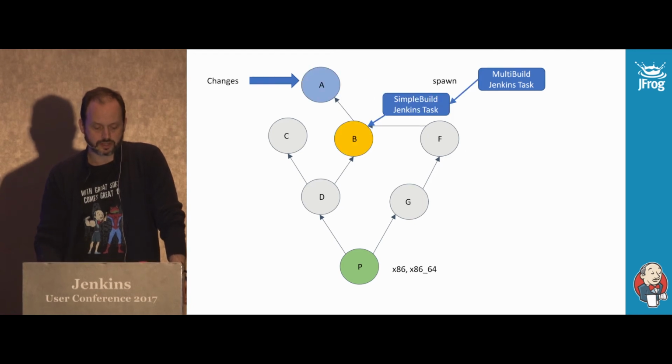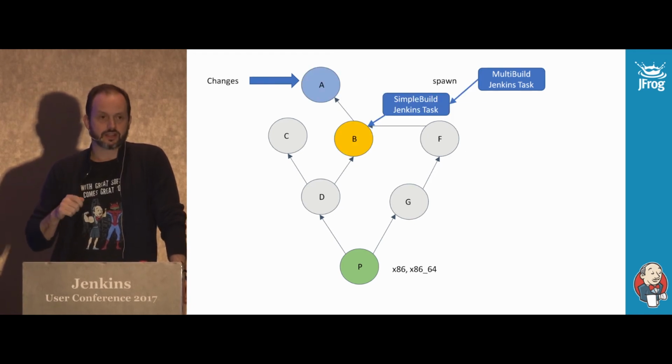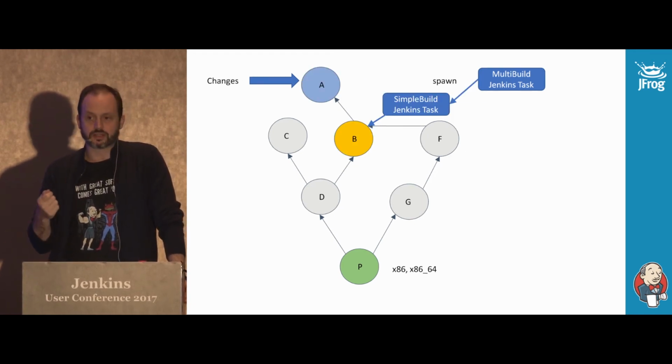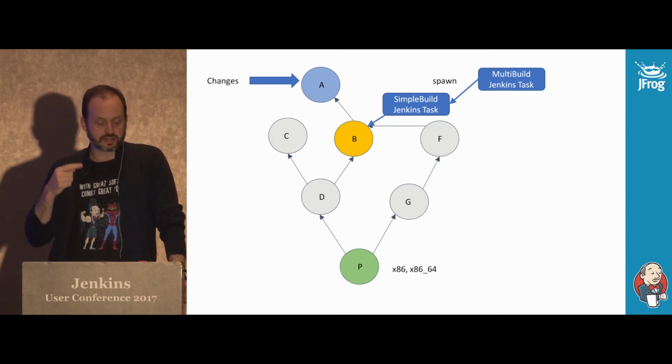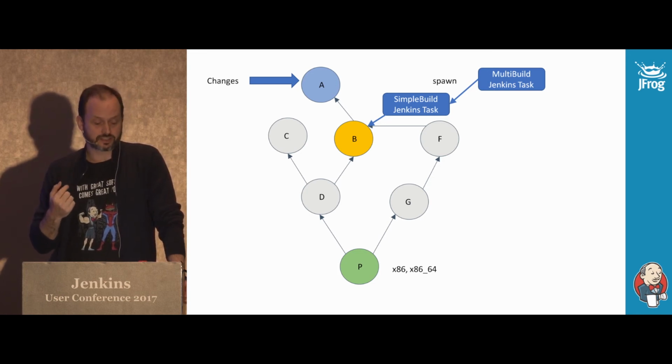In the next step, when the manager spawns a new simple build task, it will start to build B, and B will depend on A. When it starts to build B, it will retrieve the latest binary artifacts for A. So everything will be consistent.